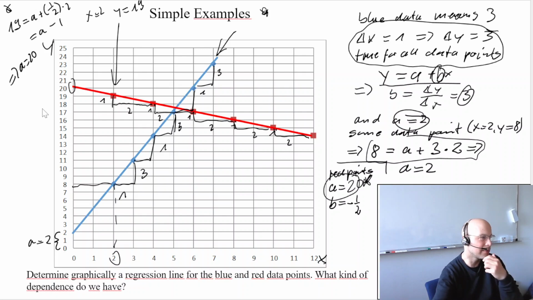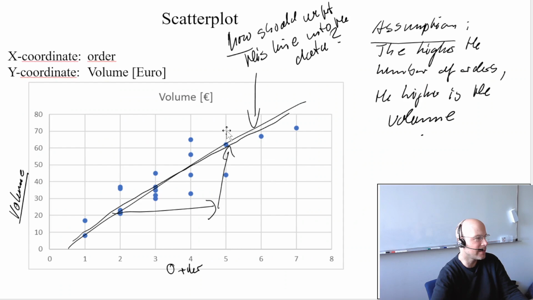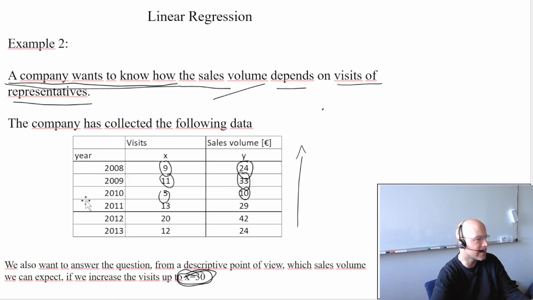But in general, we will have some scattering cloud around our data, as we have seen here in my started sting example. And now we want to go to this example here, where we want to answer this question I've posed some minutes before.